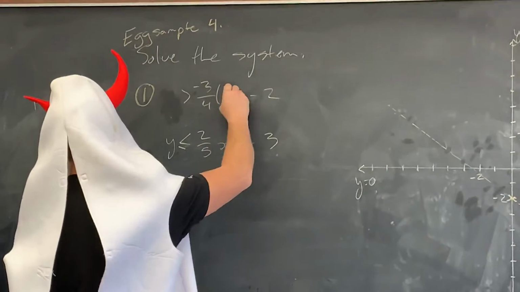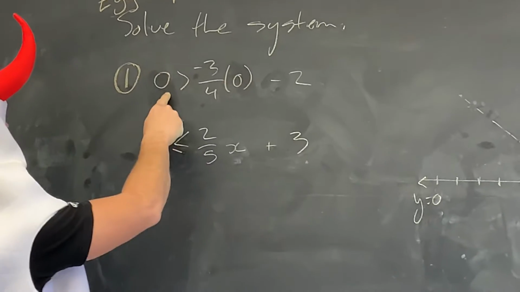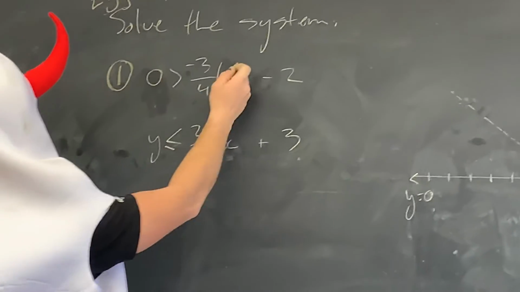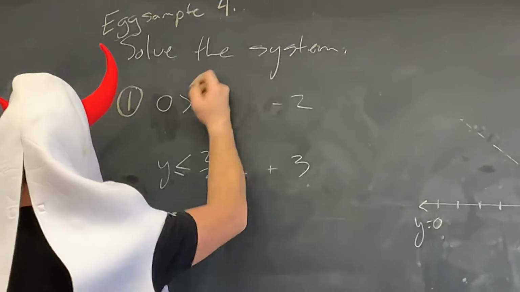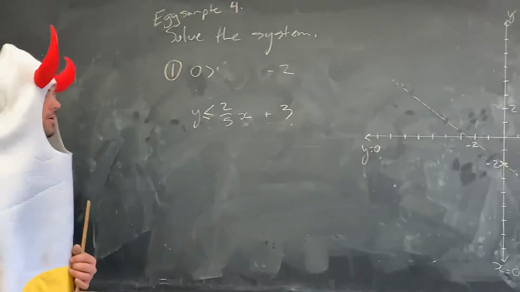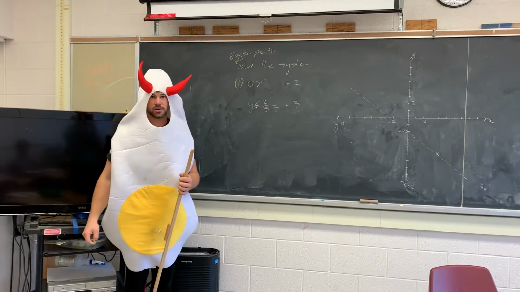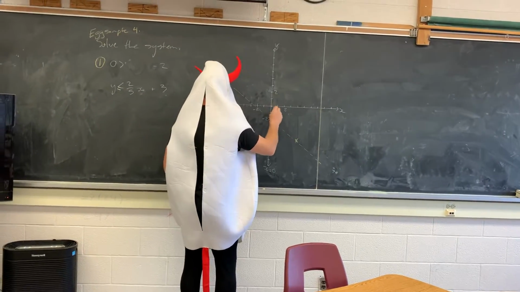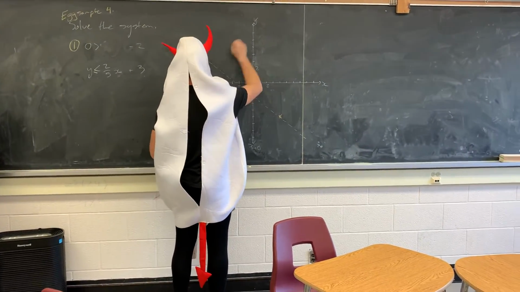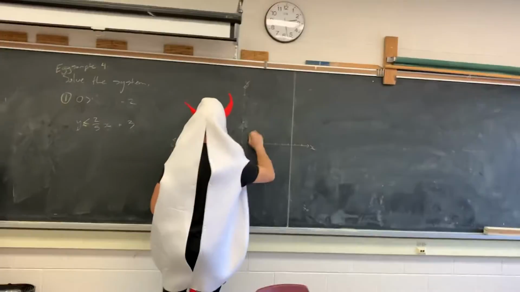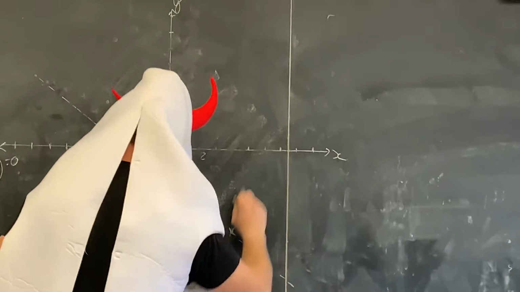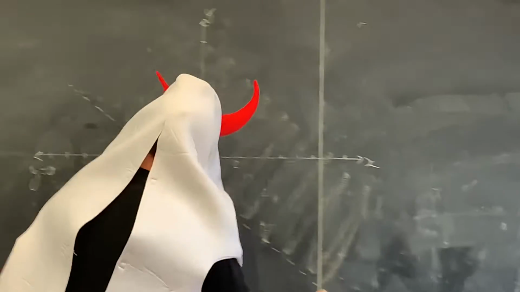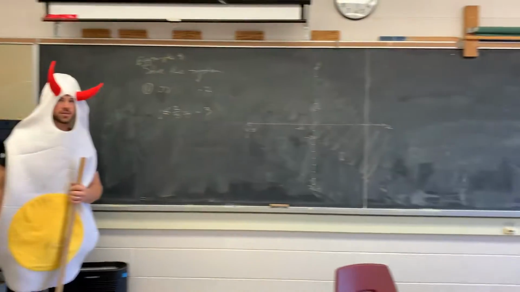If I replace these with 0 and 0, 0 is greater than, well, this term goes to 0 anyways, because anything times 0 is 0. So is 0 greater than -2? And I believe the answer is true. So yes, 0, 0 is in the solution of the brown line, and we can shade this entire region above the line, as it's where all of our valid solutions exist.